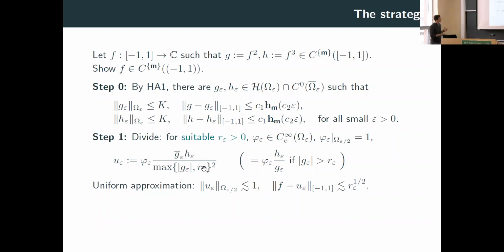So notice that at those points where the modulus of g epsilon dominates this number, that means the maximum is just the square of the modulus of g epsilon, then this quotient is just the quotient I want, h epsilon divided by g epsilon, okay?